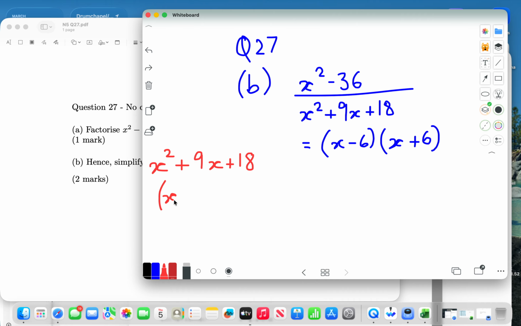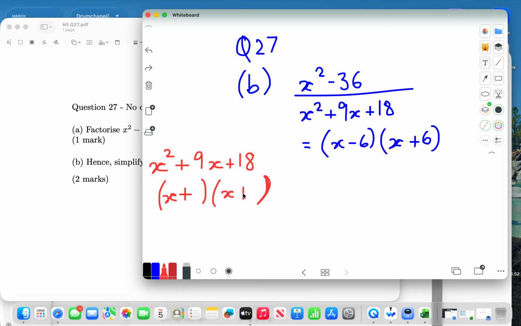We need two numbers that add to make 9 and multiply to make 18. They have to be positive, because to make 18 you either need two positives or two negatives, but you can't add two negatives and get a positive, so it'll have to be positive.